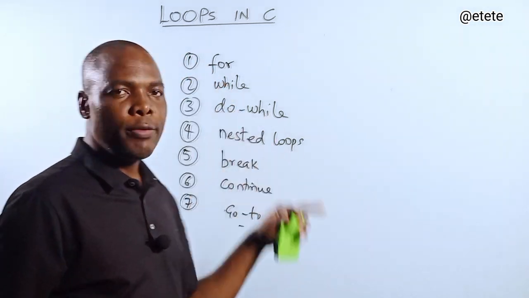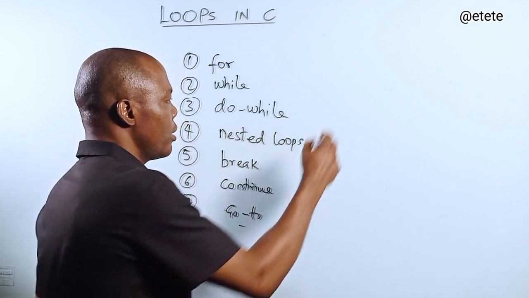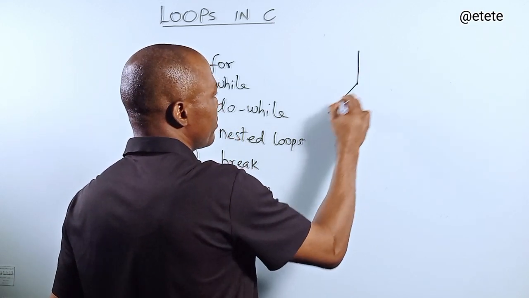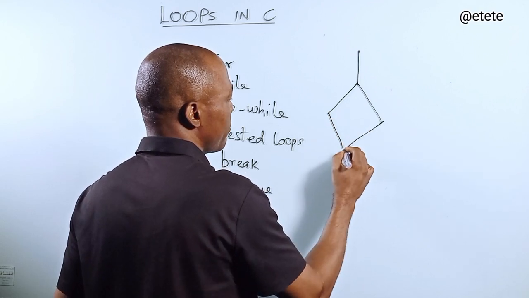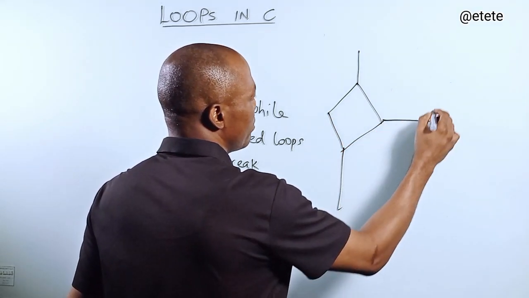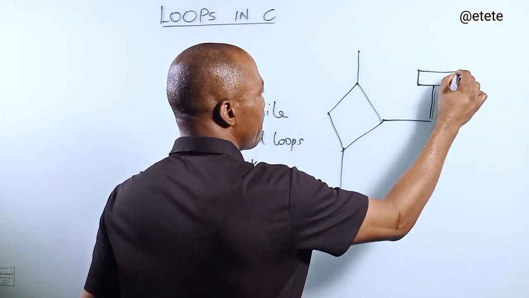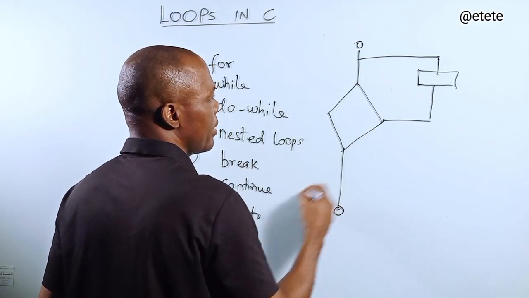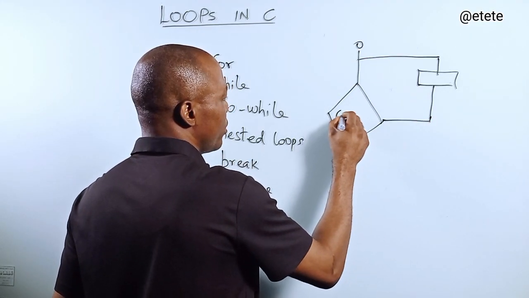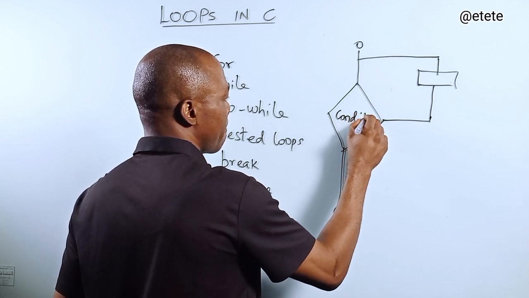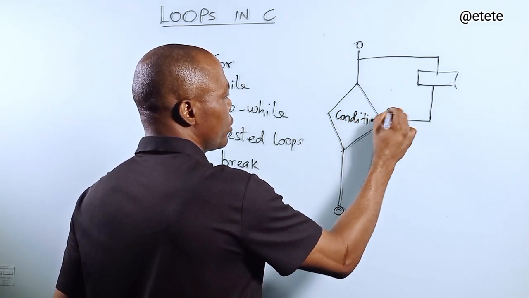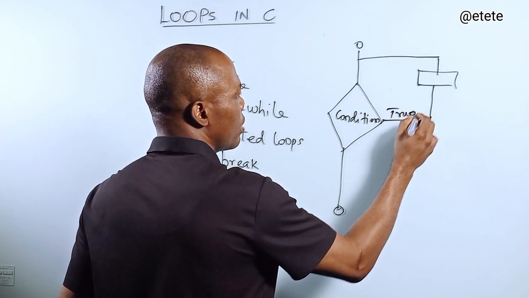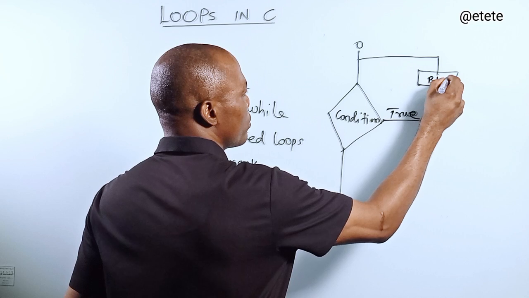Now, what is the flow chart for a loop? You have something of this nature. So you are testing a condition. If the condition is true, you carry out this block of code.